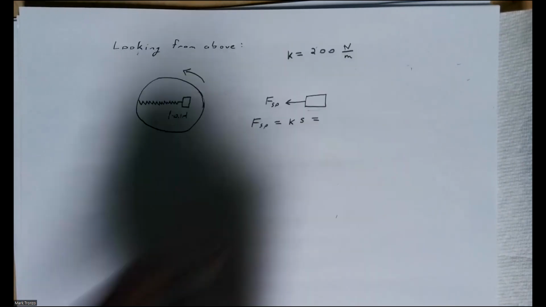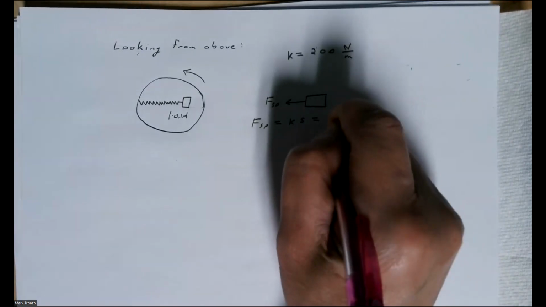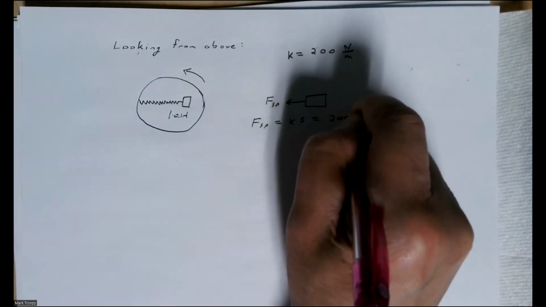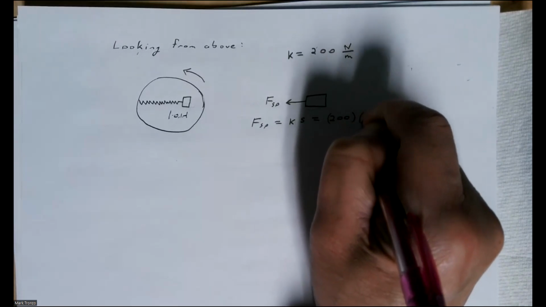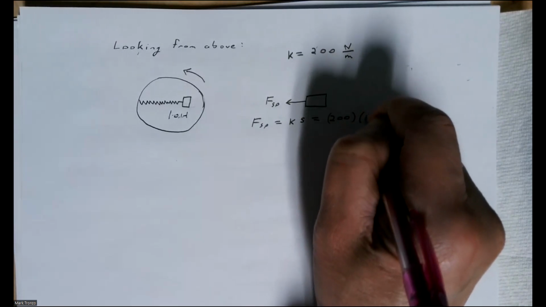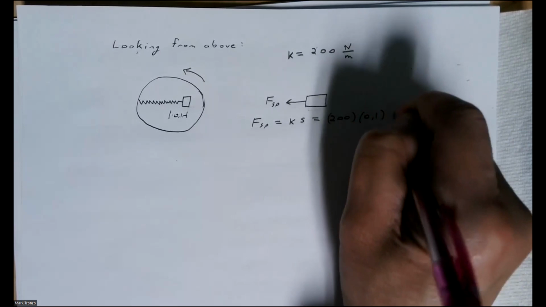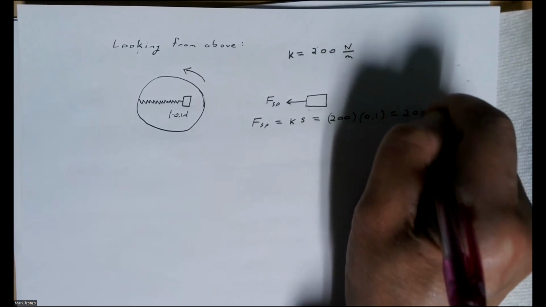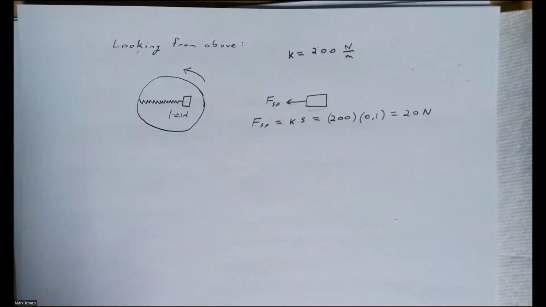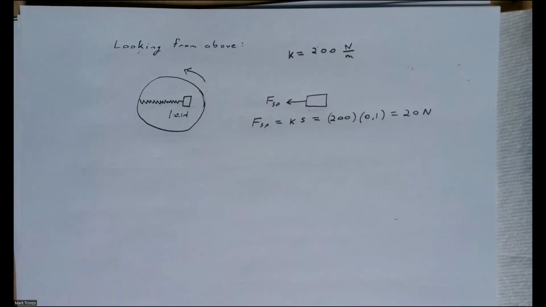And our k was 200 newtons per meter, and our s was 0.1. So the spring is going to put about 20 newtons of force on the object.